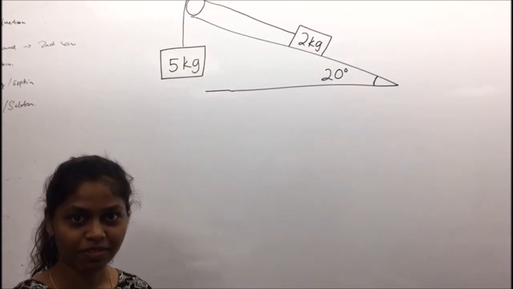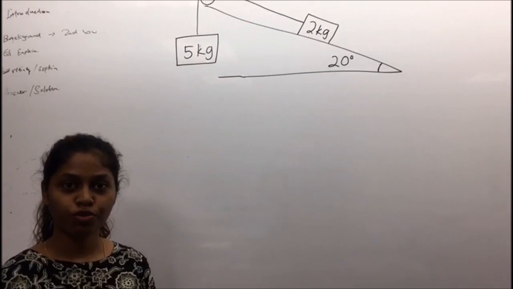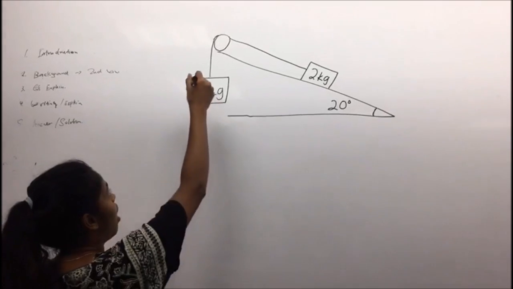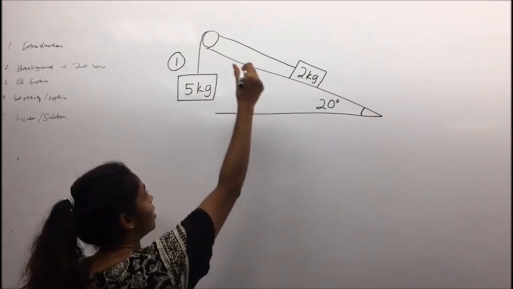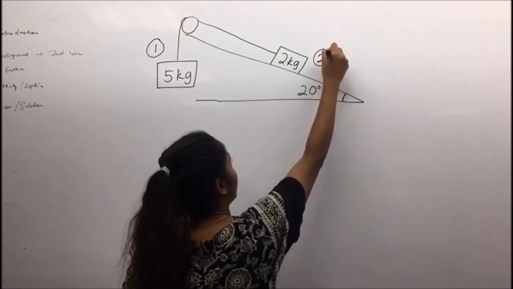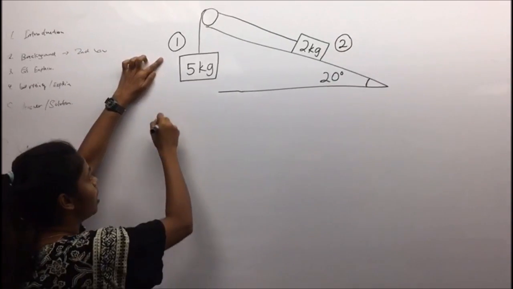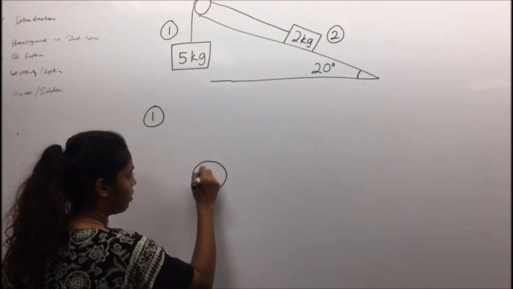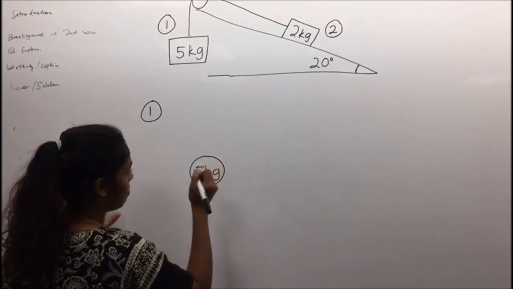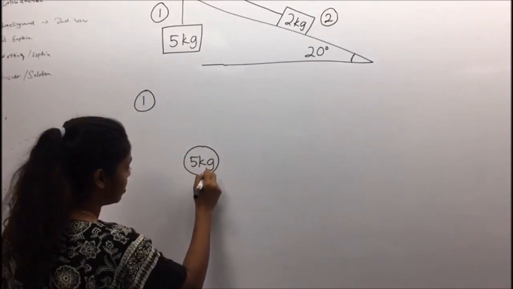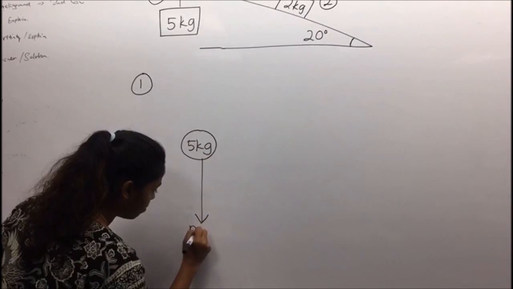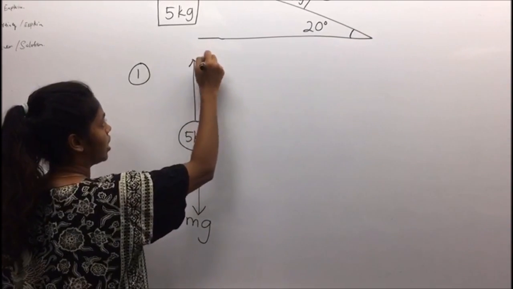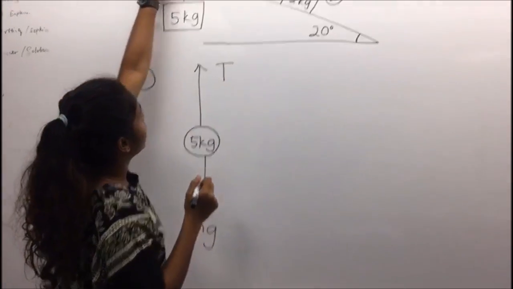For the first part of the question, it says draw two free body diagrams for these two masses. I will label them as 1 and 2. For free body diagram number 1, it is the 5 kilogram mass, which has gravity pulling on it, and it has a tension which connects to the string.